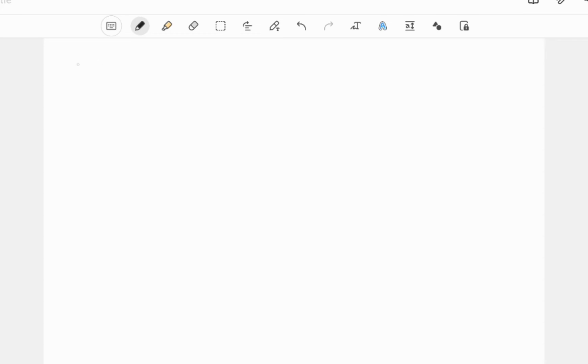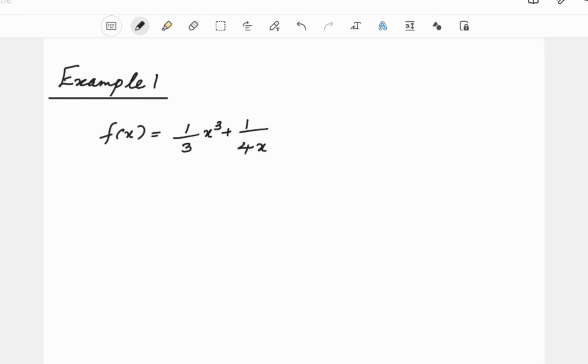Now we can find the lengths of smooth functions using these formulas. Example 1. Find the length of the graph f of x equals one by 3 x cube plus 1 by 4x on the closed interval 1 to 3.